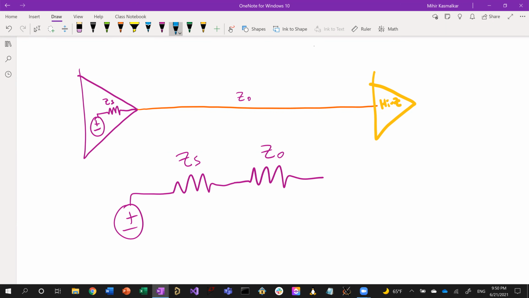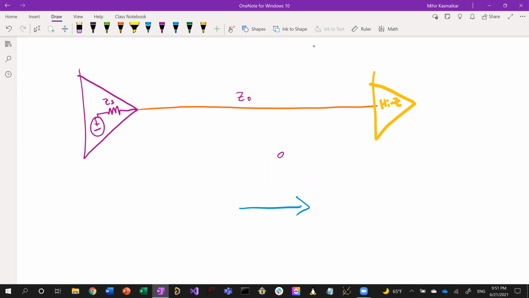If ZS is large relative to Z0, then you'll see more of the voltage being dropped across it. And so the actual wave you're launching onto the transmission line will have a lower voltage than you expect, because so much of the voltage is going to be dropped over this large resistance. So that's why ZS has to be really small.